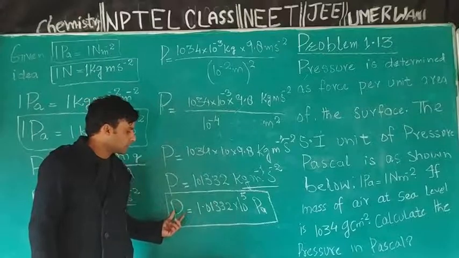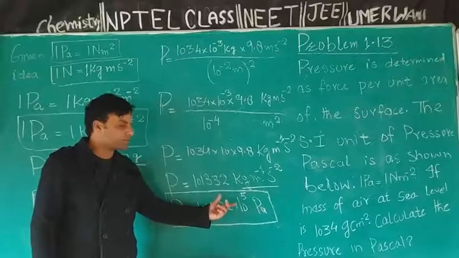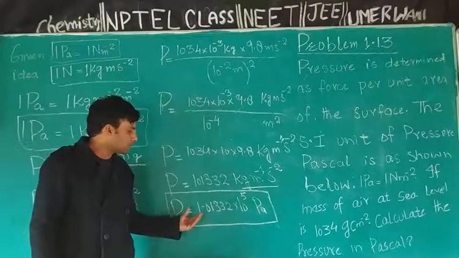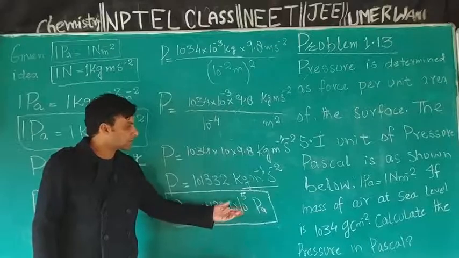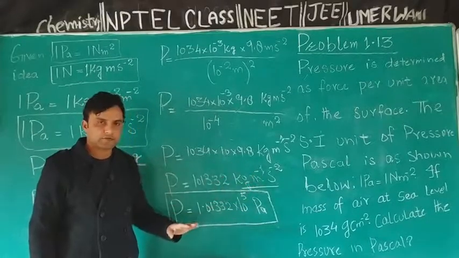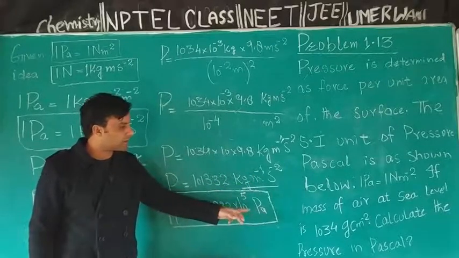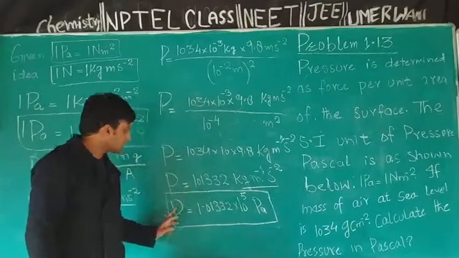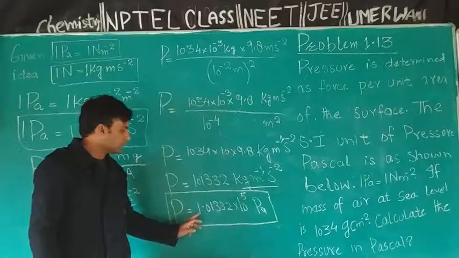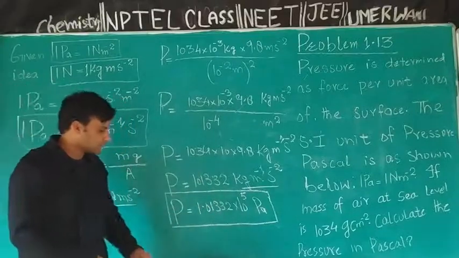Or you can write pressure is equal to 1.01332 into 10 raised to power 5 Newton per meter square, or you can write 1.01332 into 10 raised to power 5 kilogram meter inverse per second square. But here we were bound to report our answer in Pascal, so the exact answer is pressure at sea level due to air is 1.01332 into 10 raised to power 5 Pascal.